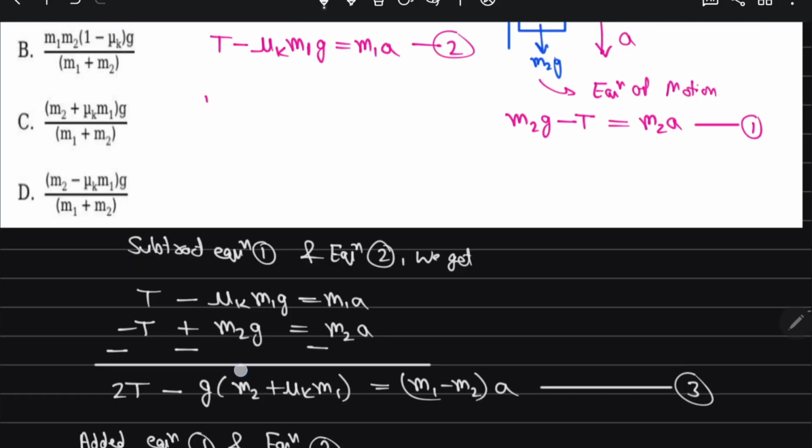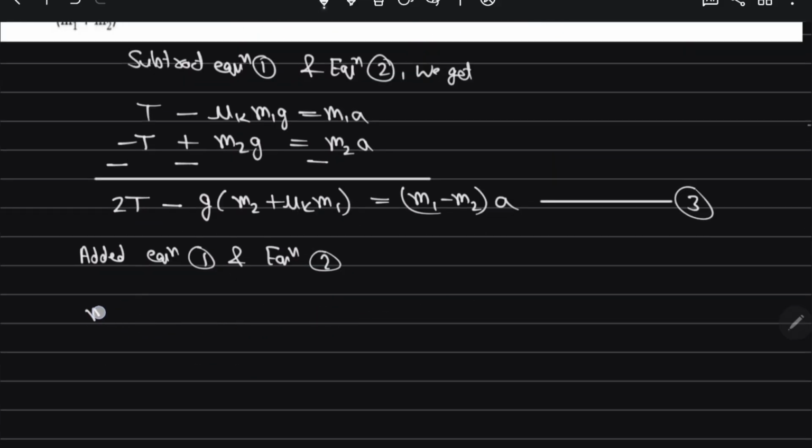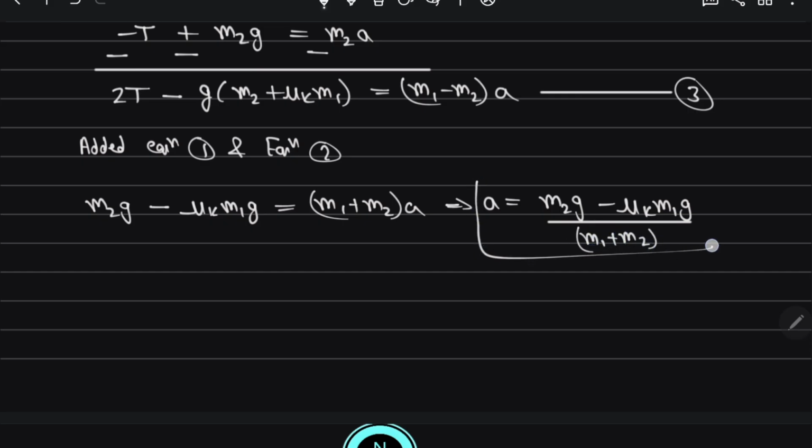So if I add, T cancels, and left is m2g minus mu k m1g is equal to m1 plus m2 into a. So here the value of a comes out to be m2g minus mu k m1g divided by m1 plus m2, right?